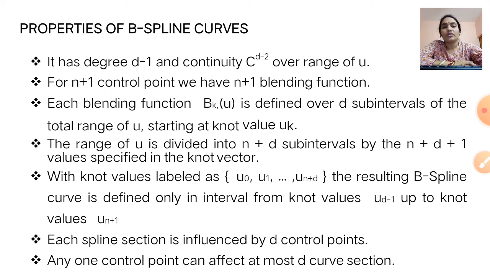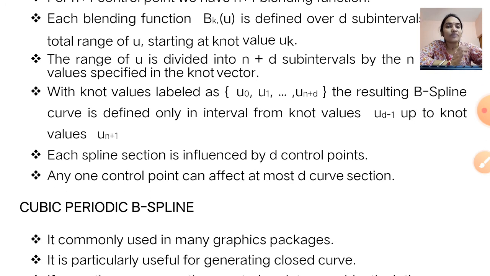With knot values labeled u0, u1, up to u(n plus d). The resulting B-spline curve is defined only in the interval from knot value u(d minus 1) up to knot value u(n plus 1). Each spline section is influenced by d control points.